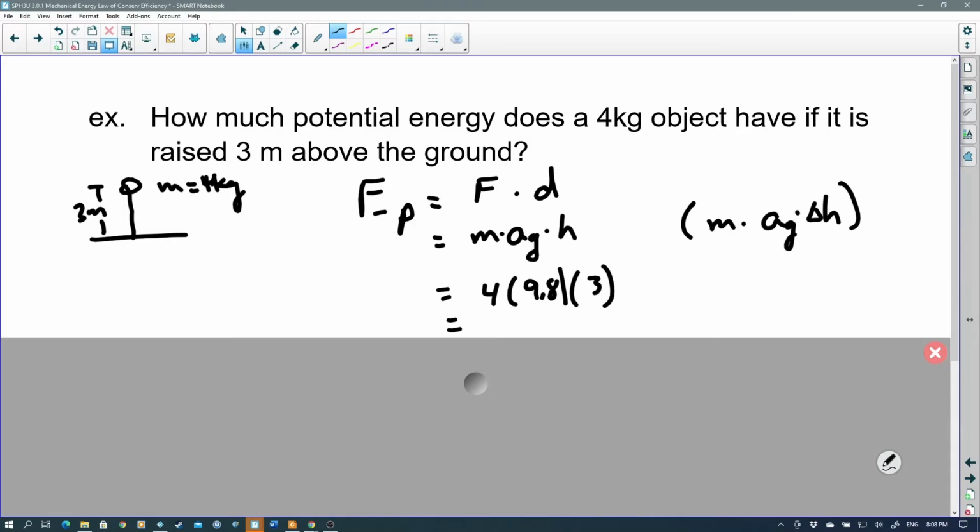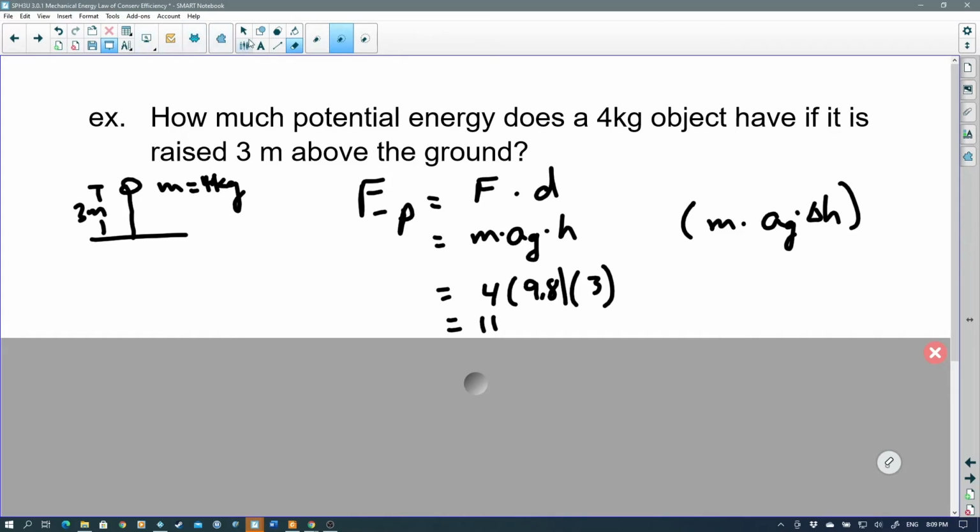And if I take a calculator here, I'm just going to do this off screen if that's okay. 4 times 9.8 times 3 is equal to 117.6. And just like with work, oops, sorry about that.